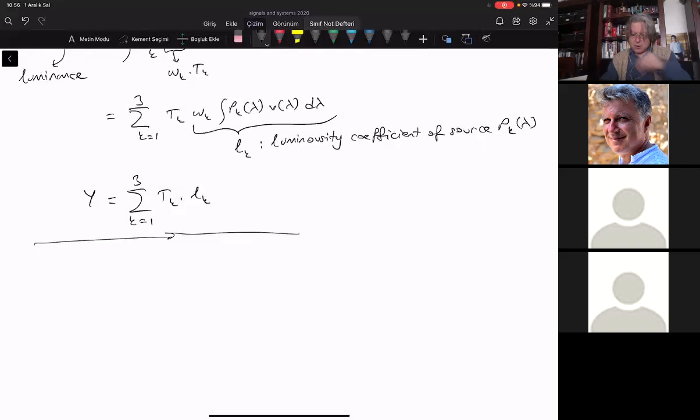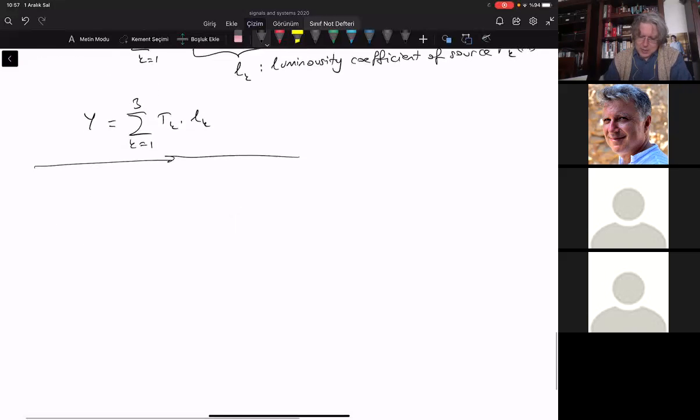Now, a few more historic terminology. We have seen previously Tk to be equal to beta k divided by Wk, which are the beta k's for reproducing white. Now, furthermore, I will define a lowercase tk, it's a definition, as Tk divided by T1 plus T2 plus T3.